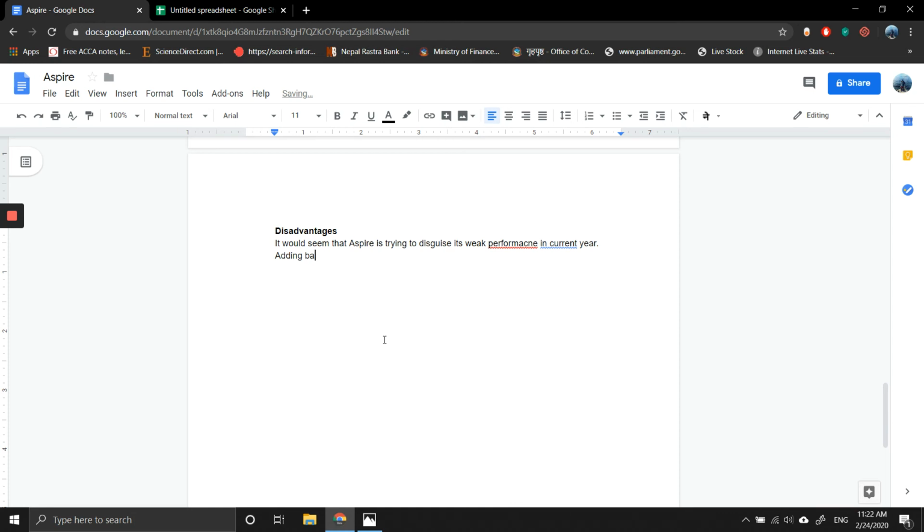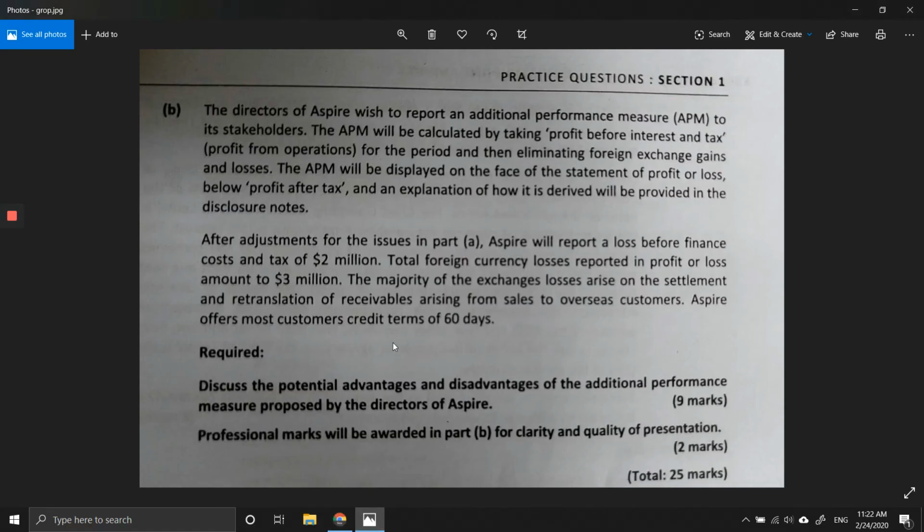Adding back the foreign exchange losses turns the, how much million is it? 2 million, right?